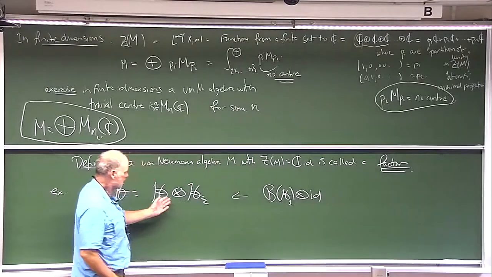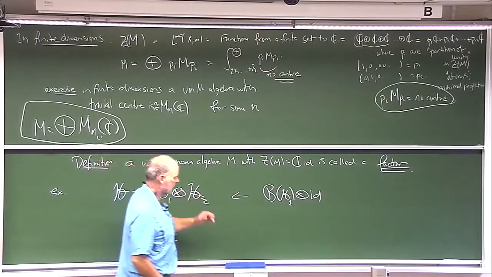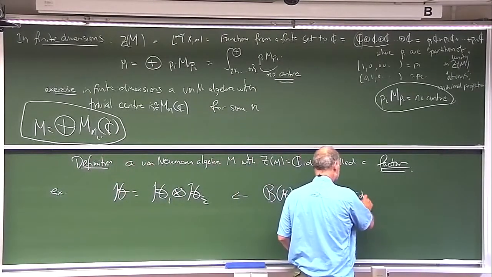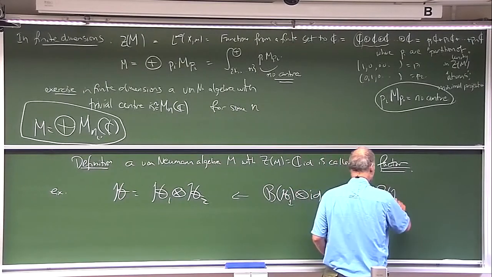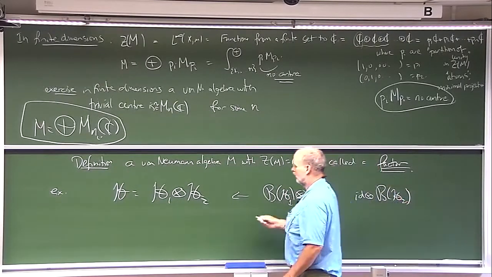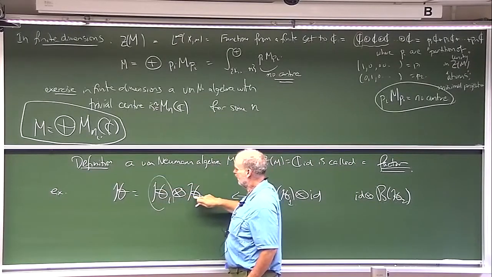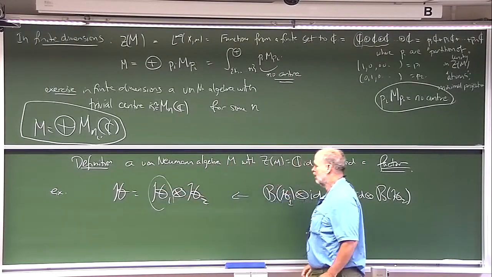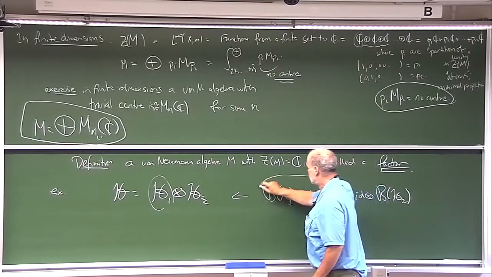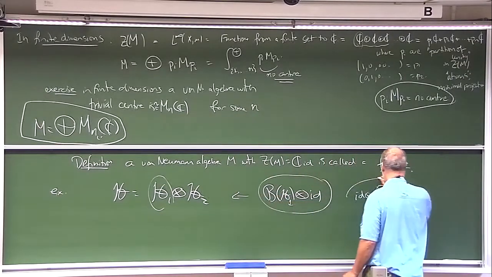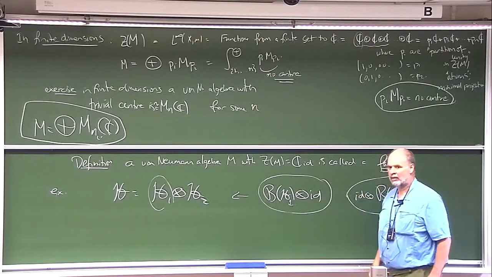So we have two obvious algebras here, B of H1 tensor the identity and the identity tensor B of H2. Okay, so these are operators that act on here, tensor something by the identity and the other one. Well, these two subalgebras are actually factors.